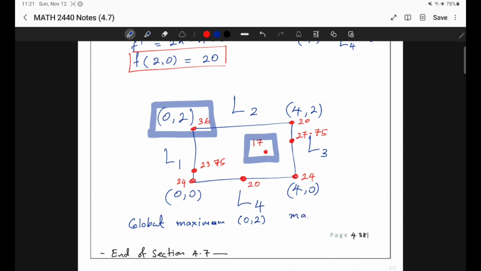The maximum value of the function is 36. The global minimum is at the critical point, so it's (3, 1), and the minimum of the function is 17. Okay, that is the end of this section, and I will upload another video for the next section 4.7.